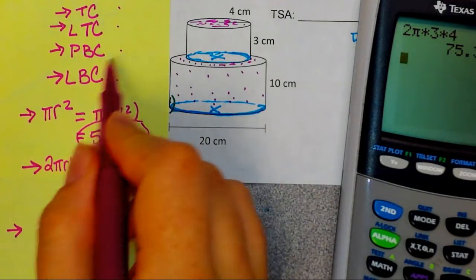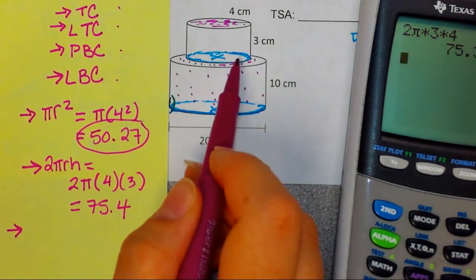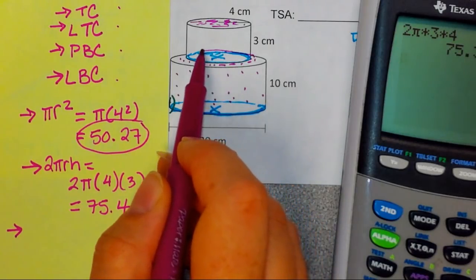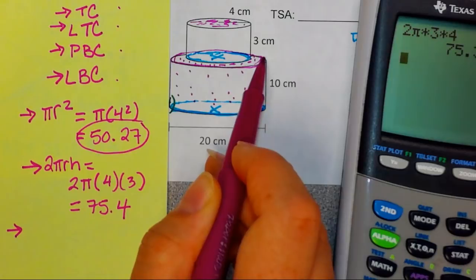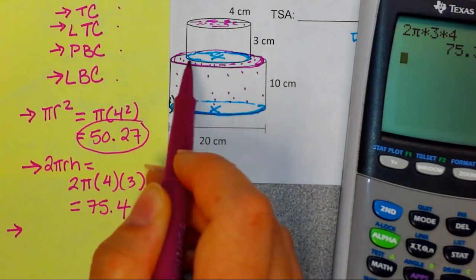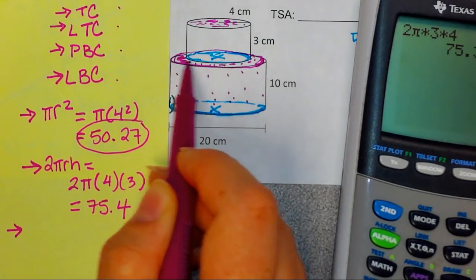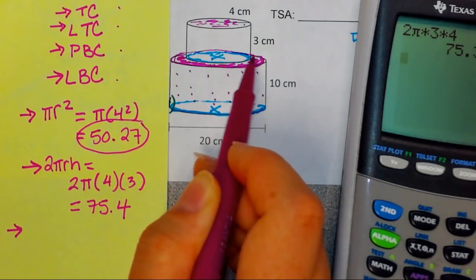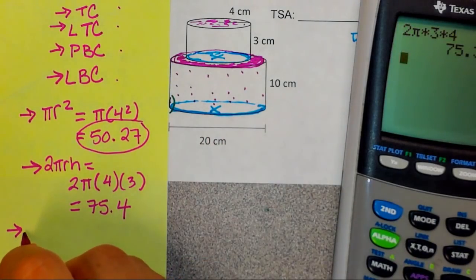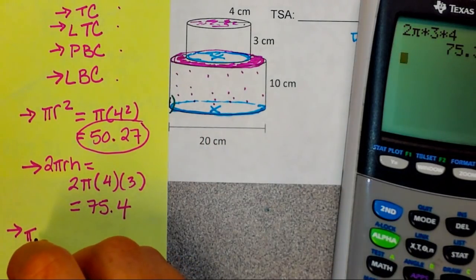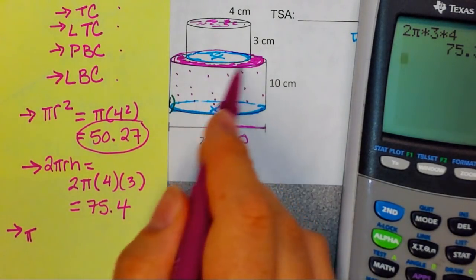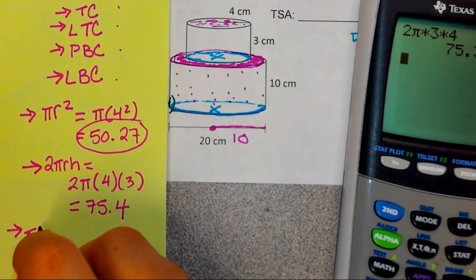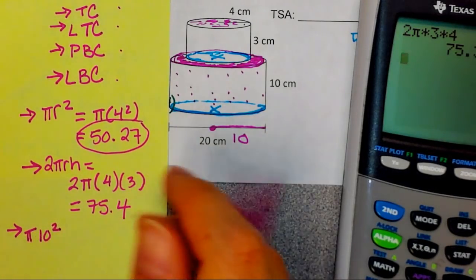For the partial stuff, I'm going to need to find the area of the big circle and subtract the area of the little circle, and that'll give me all of this stuff that's exposed. So the big circle would be pi r squared, and in this case our radius would be 10. So that would be pi times 10 squared.